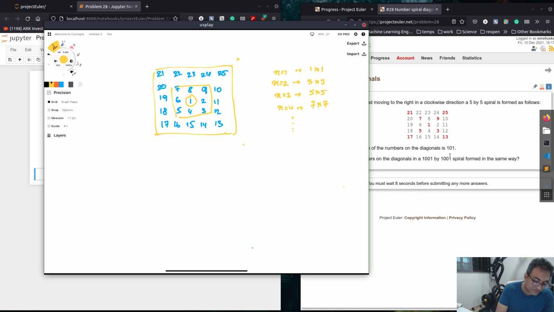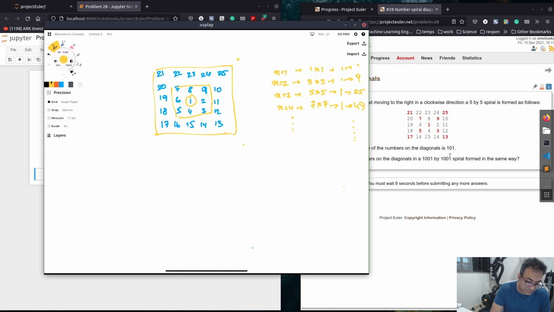So we see one pattern emerging. A 5 by 5 square will have numbers 1 all the way to 25. The 3 by 3 will have numbers 1 all the way to 9, and the 1 by 1 is just 1. The 7 by 7 will have numbers 1 to 49, because there are just that many numbers in n by n squares, and so on.